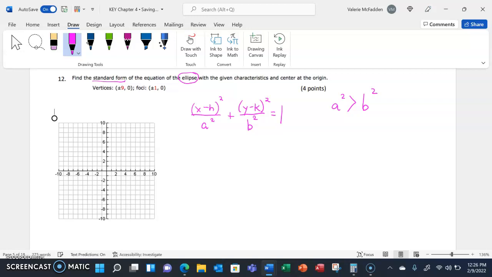So I don't know yet. I think that's going to be okay, but I'm not sure yet. It says, find the standard form of the equation of the ellipse with the given characteristics, and the center is at the origin.